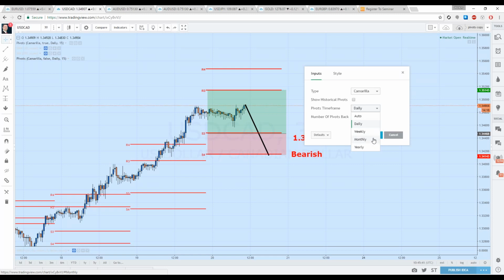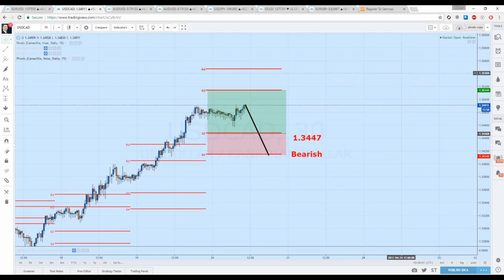So since we're interested in day trading, the daily makes sense. This way we see new intraday levels every session.